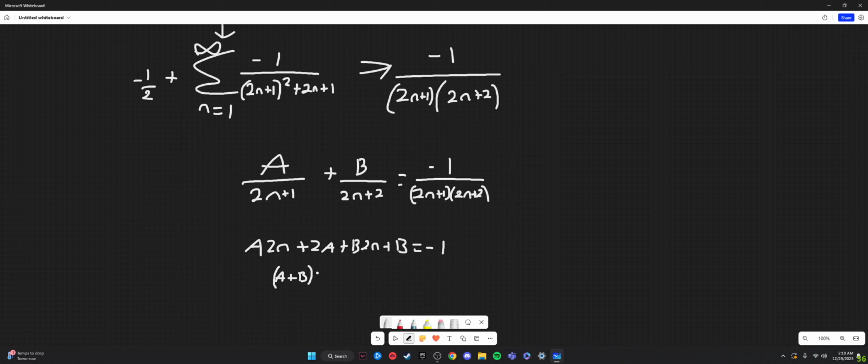I'm just factoring out the 2n. And we're going to add 2A plus B. This equals negative 1. We know that A plus B must equal 0, and 2A plus B has to equal negative 1.